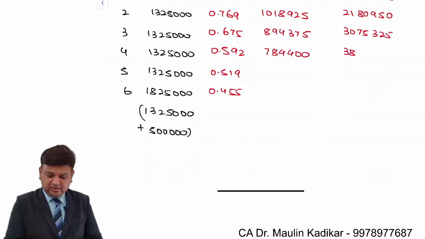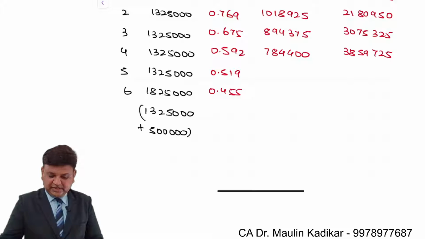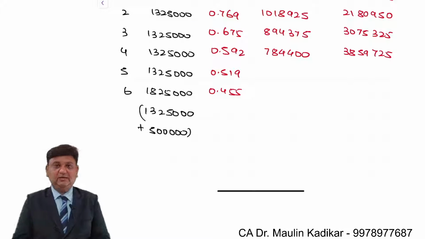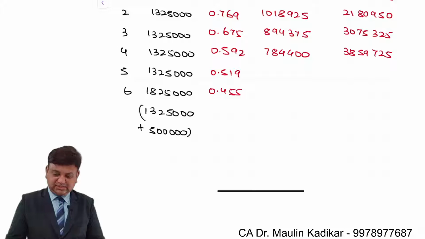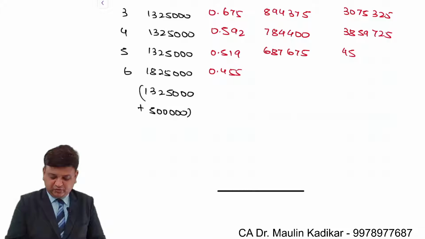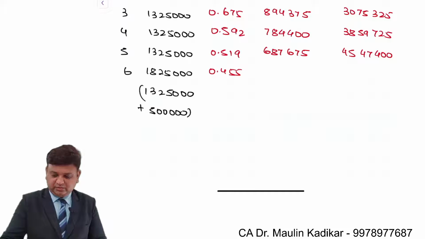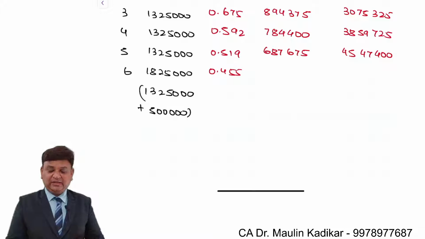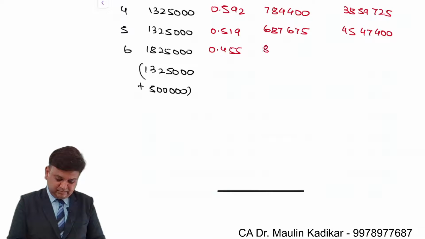So 38,59,725. 13,25,000 into 0.519, 6,87,675. So 45,47,400. 18,25,000 into 0.455, 8,30,375. So cumulative value is 53,77,775.